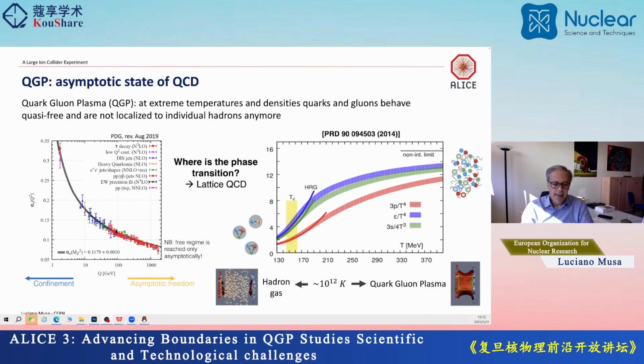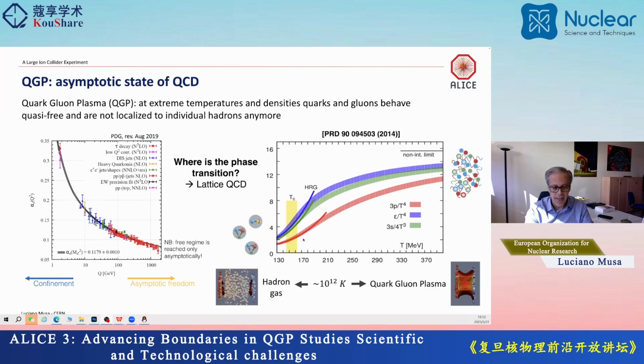And once the equation of state of QCD matter is numerically evaluated with lattice QCD, then we can extract the temperature dependence of various thermodynamic quantities, such as the pressure, the energy density, or the entropy density.